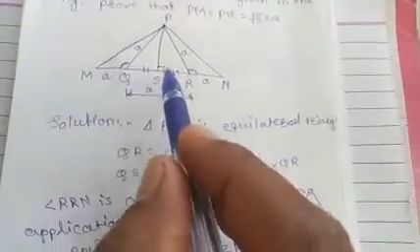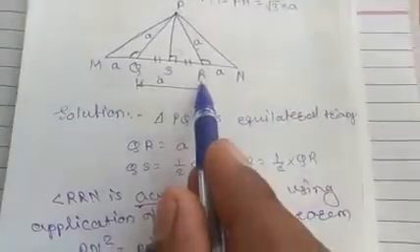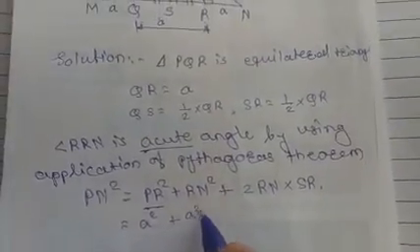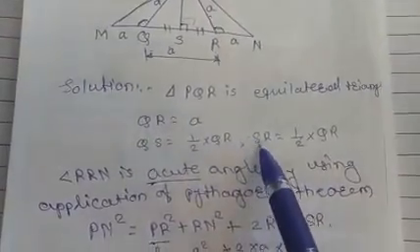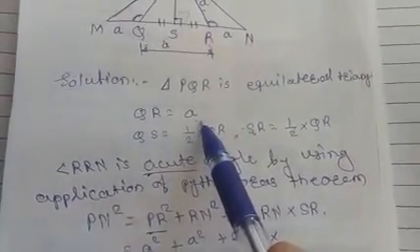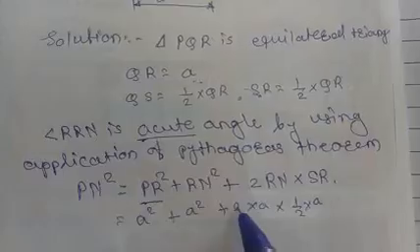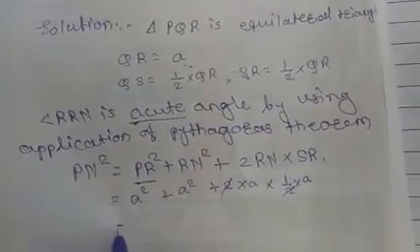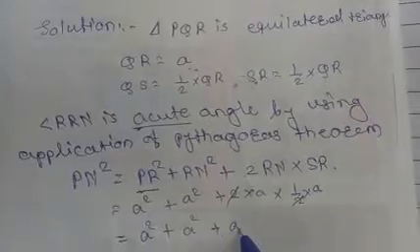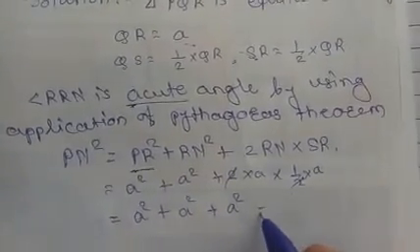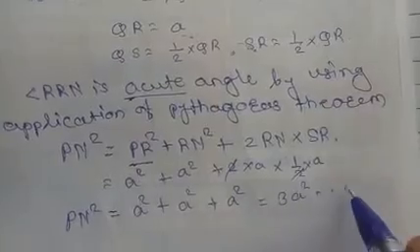PR is given as A, so we write A square, plus RN square, RN is given as A, so A square, plus 2 into RN, which is A, into SR. SR is equal to half of QR, and QR is given as A, so SR is half of A. The 2 in the numerator and denominator cancel, leaving A square plus A square plus A square. That means 3 times A square is the value of PN square. We can write it as equation first.